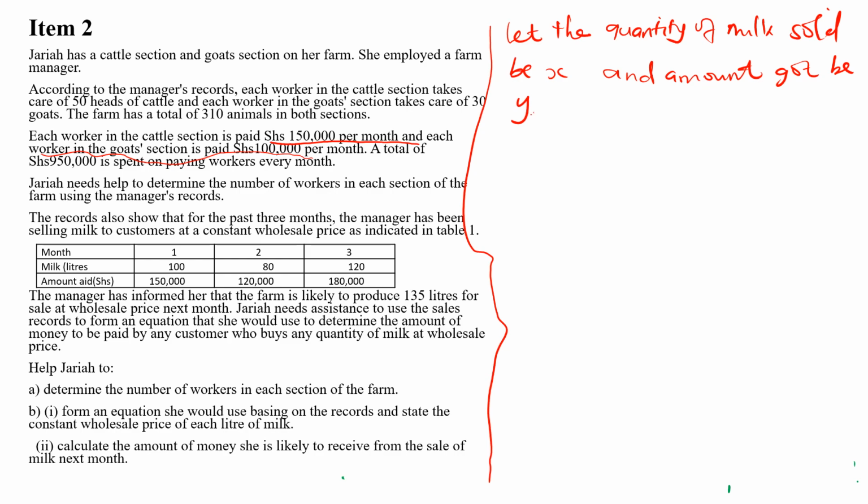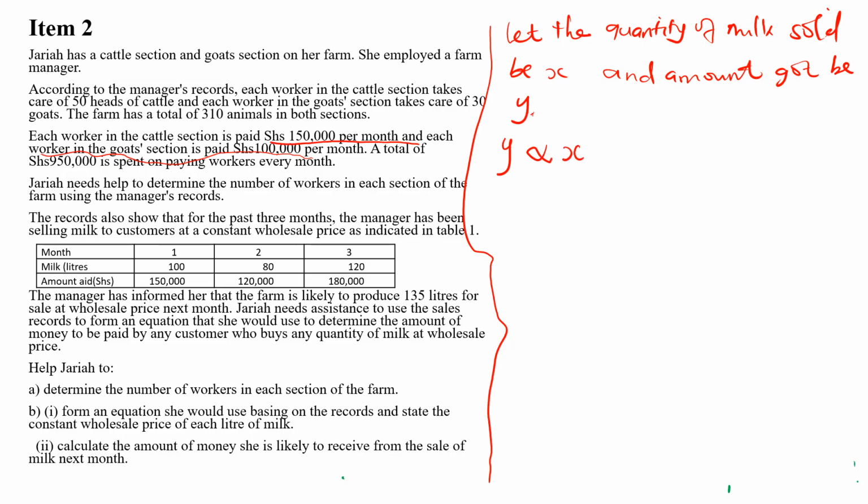So it means that y is directly proportional to x. The amount of money got from milk is directly proportional to the quantity of milk sold. When the quantity of milk sold increases, also the amount of money got from milk after selling it will increase.